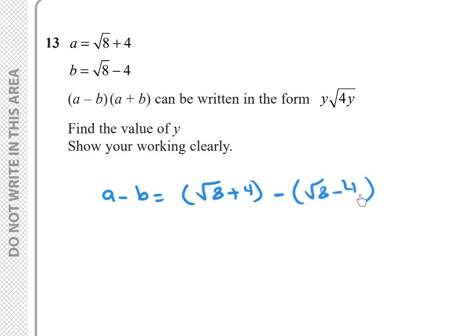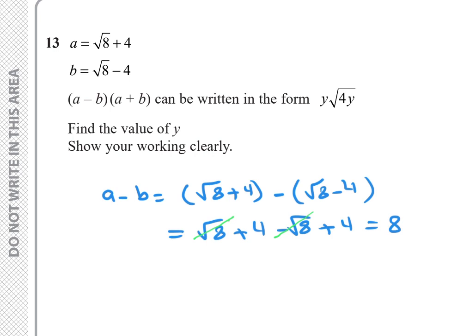You have to write the bracket. Now, open the bracket. So square root 8 plus 4. And this negative will change the two signs. So this will be negative and this will be positive. So negative square root 8 plus 4. So you can cancel positive square root 8 with negative square root 8. So 4 plus 4 equals 8.